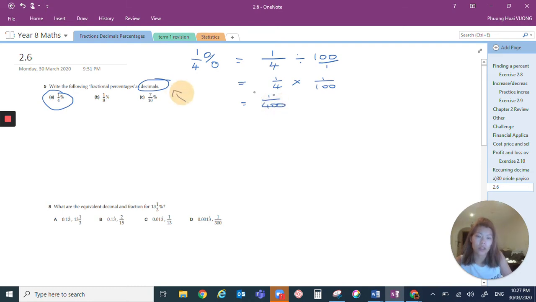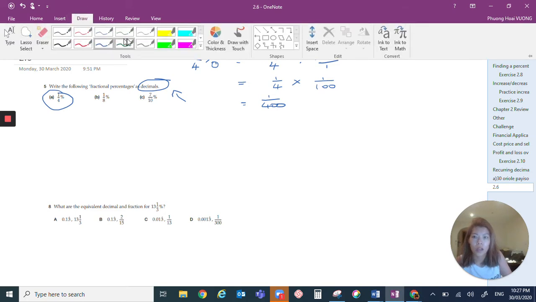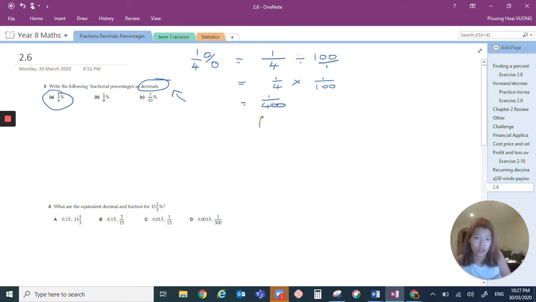And to turn it into a decimal, step 2, we have to use division. So 1 divided by 400. 400 into 1 goes 0, put a decimal point. 400 into 10, also 0. 400 into 100, also 0. 400 into 1,000 goes 2. So 2 times 400 is 800.